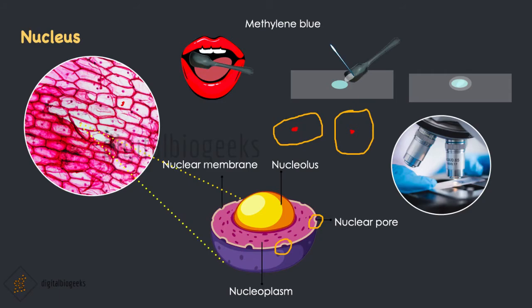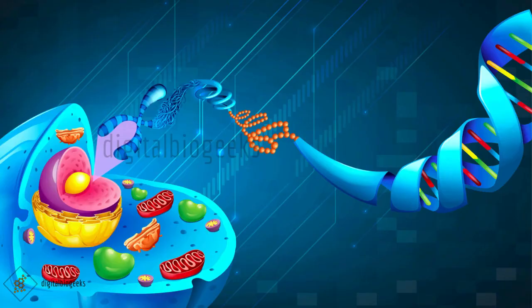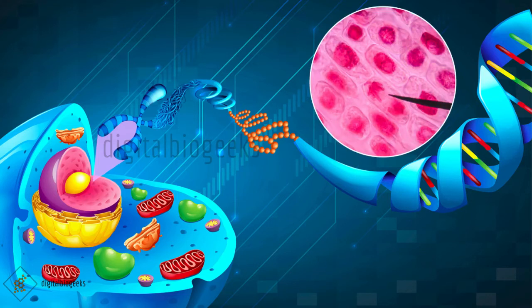The nucleus has structures called chromosomes. This is a chromosome. We can see these chromosomes only when the cells are dividing. Cell division means one cell divides into two. This is a dividing cell, and here we can see the chromosomes.